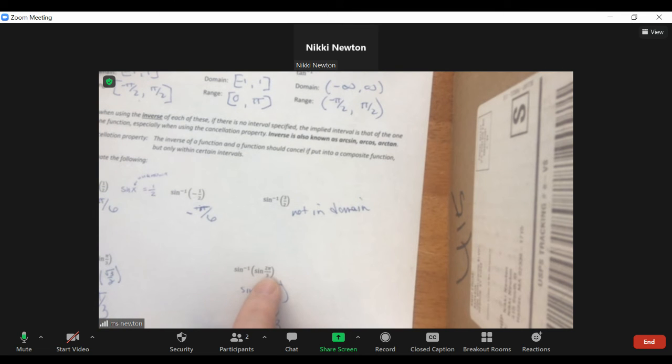So 2 pi over 3 is outside of the range of sine inverse. So I'm not going to be able to do cancellation. So since this is not in the range of sine inverse, we cannot use the cancellation property.